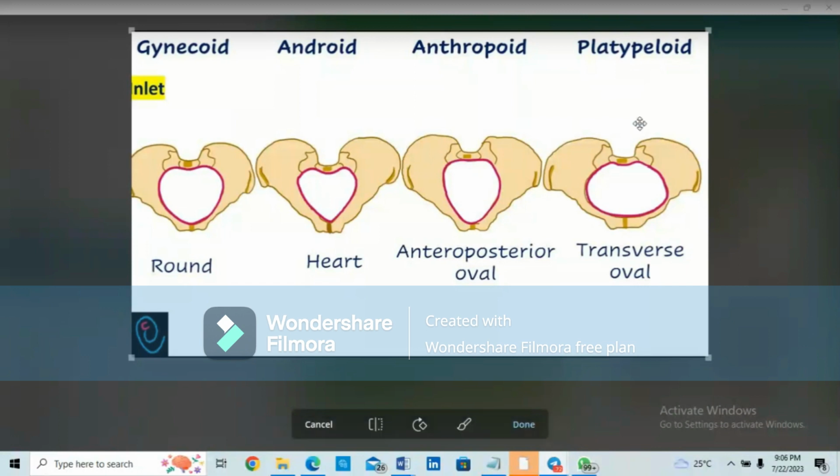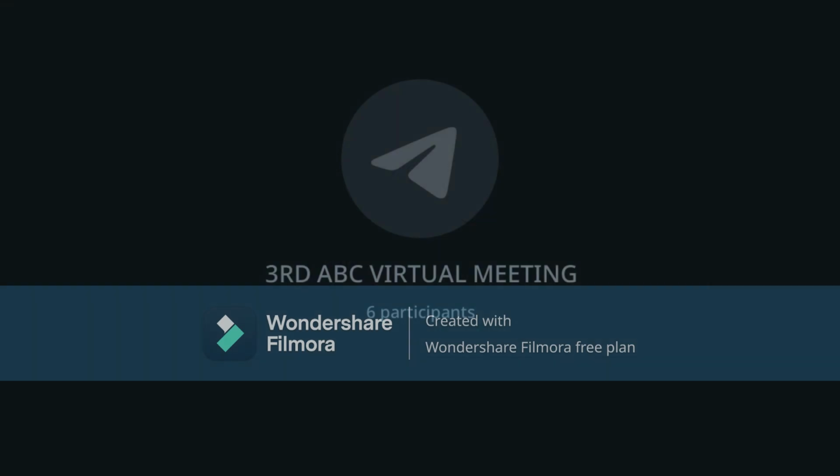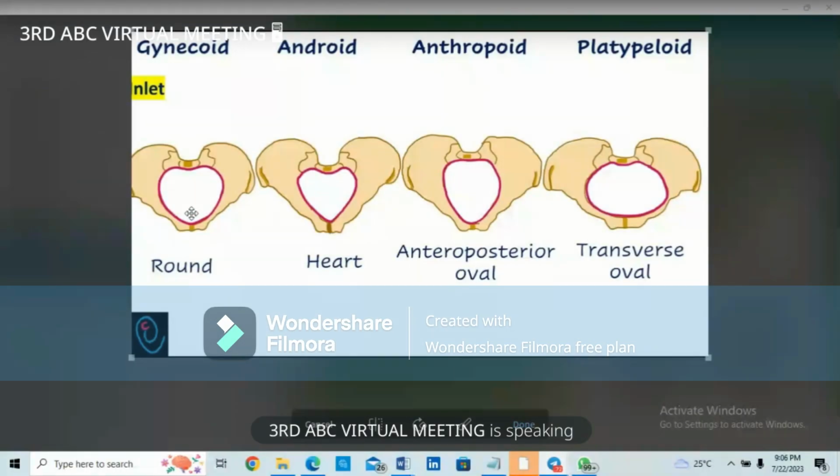This platypoid pelvis. So what's the importance of knowing this? I've told you one is for determining if a mother can give birth via vaginal delivery. Another thing is also in forensic medicine. There are cases where, let's say, a plane crash and you have fractured human remains around.